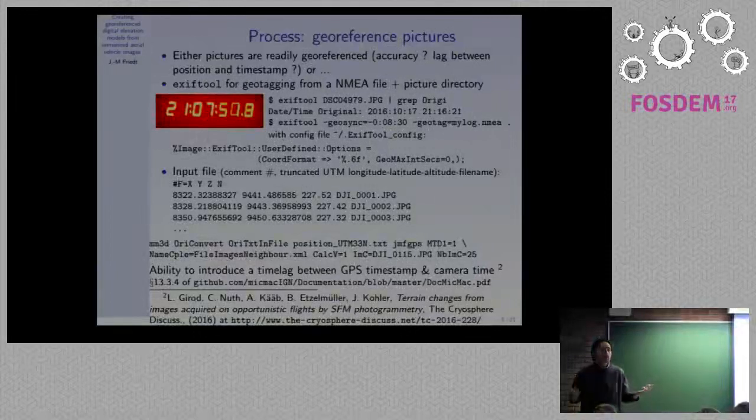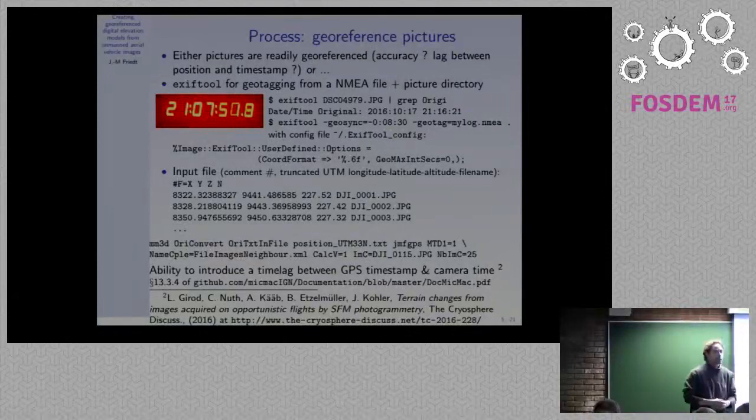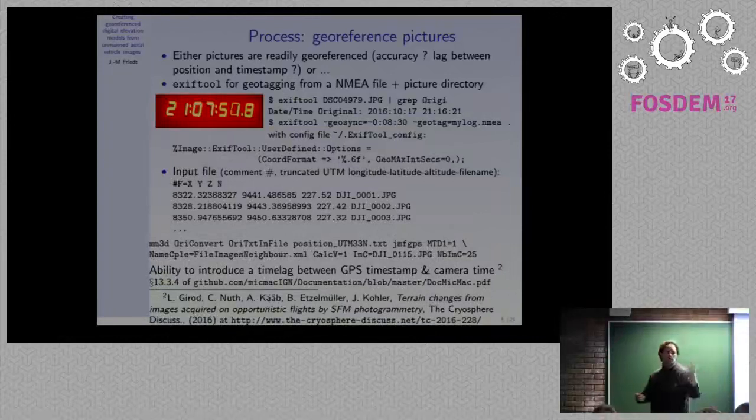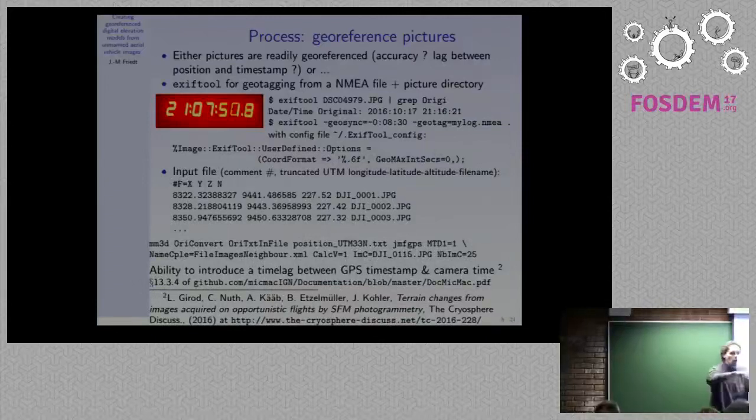First thing, either you're using a DJI or a georeferenced camera, and it's easy. You have an EXIF tag, and you've got the GPS position in your image. Alternatively, you're using a high-quality camera, which does not have GPS. You've got, on the other hand, a GPS recorder. What I'm doing is I'm using ExifTool, the command line interface ExifTool software, for tagging my images. So I can say, okay, if you check the header of your image, you know what time the image was taken, and you take a clock.